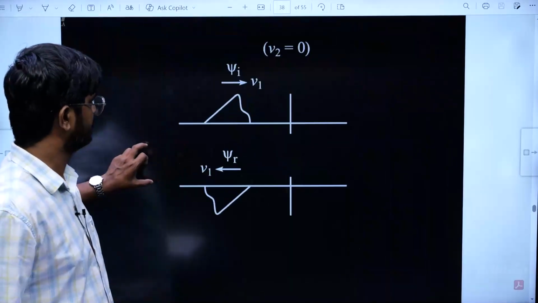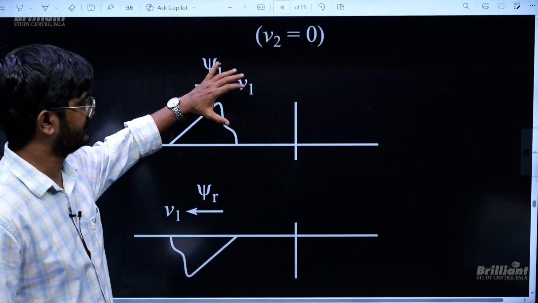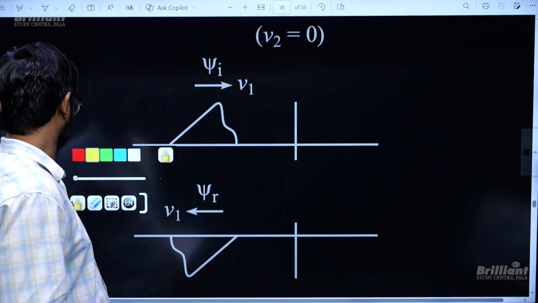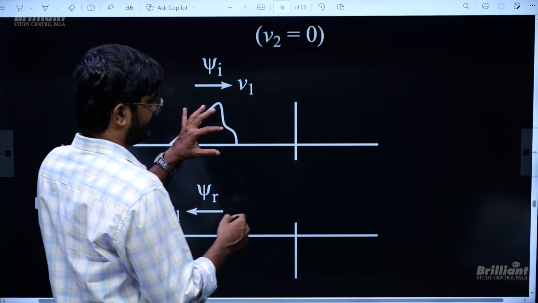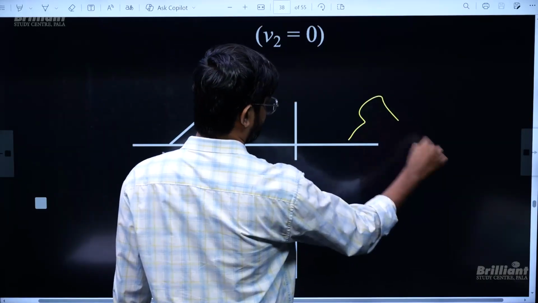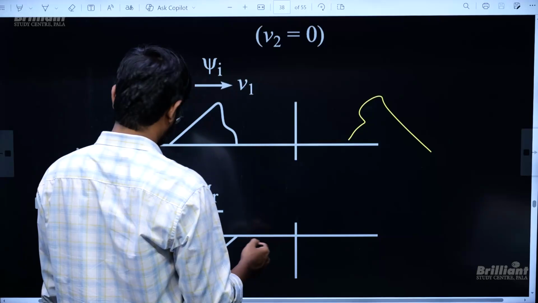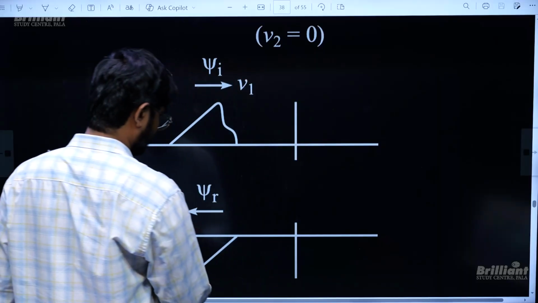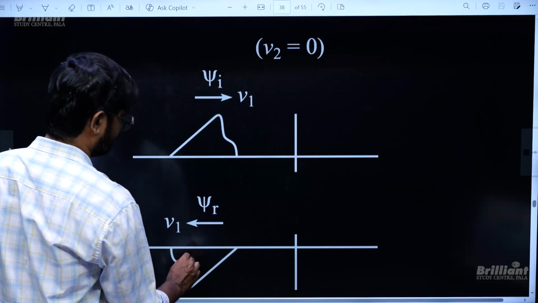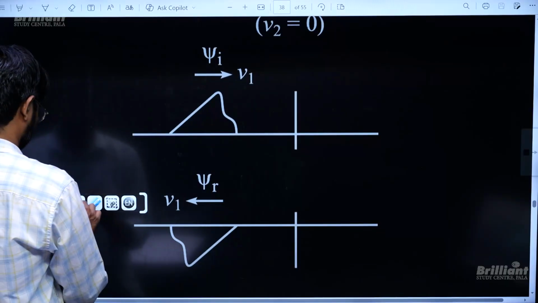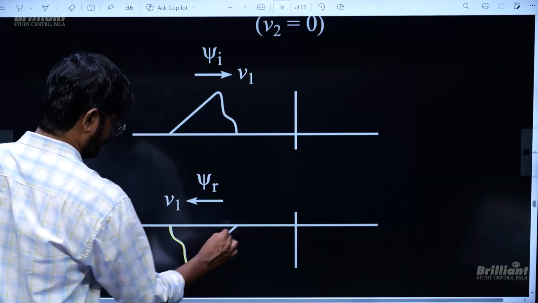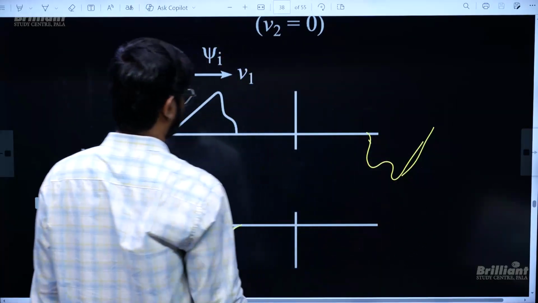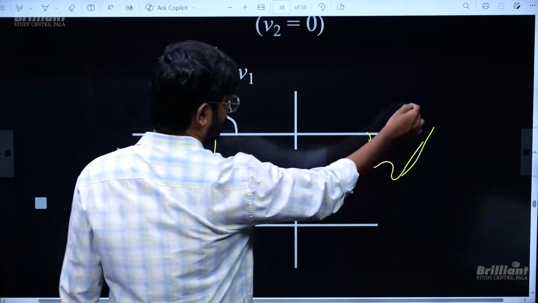And see, if V2 is 0, if this is the incident wave, this is going to be reflected, they were telling. So mathematically, for every incident wave, whatever happens at x coordinate here, the similar thing will happen at negative x.